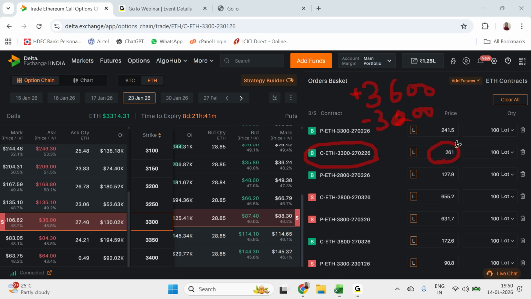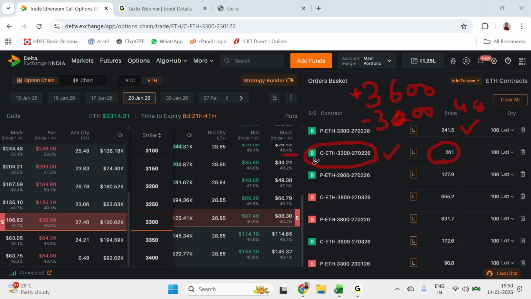On the put side, this put will also be a damage, but the other put that you sold, from there you would have recovered some 48 points. You sold at 48 or 90, whatever, the weekly one you sold at 90. That 90 you have recovered. Now what do you have to do? Keep this call side as it is. You don't change this. Keep the 3,300 call as it is.